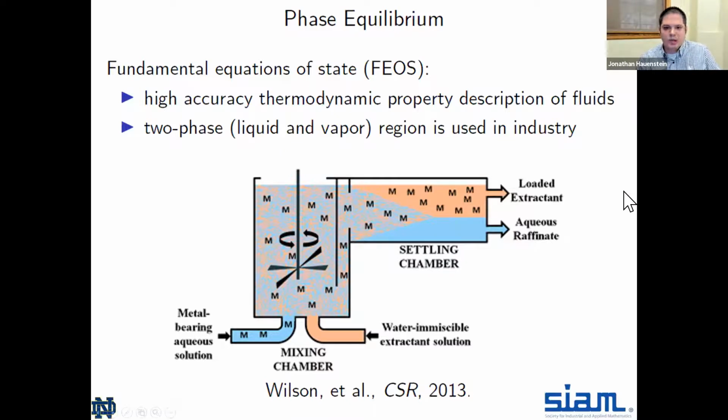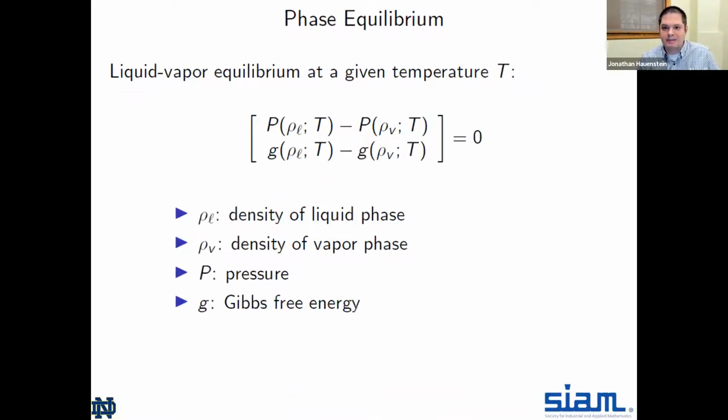All right, so how does this work? You get a system of two equations and two unknowns with one parameter. The one parameter is the temperature. That's what you can control, so you can heat or cool, depending upon your setup, to get it to form an equilibrium. So your temperature is the knob you get to tune.